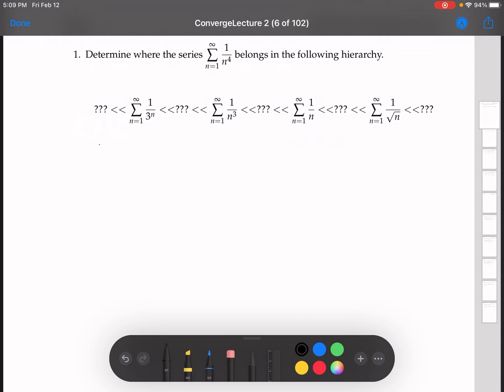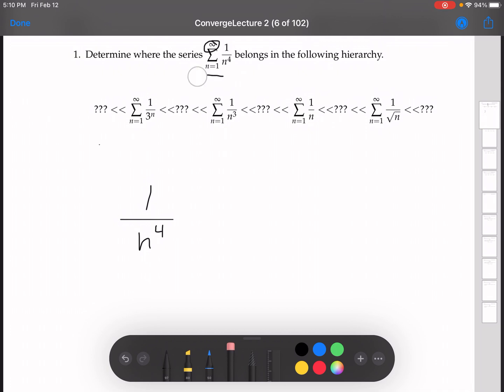All right, so the way to think of this is, first let's look at 1 over n to the fourth, just the formula a_n, this piece right here. Now think about the fact that n is positive, because we start at n equals 1 and go to positive infinity.